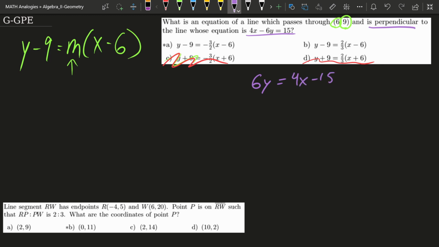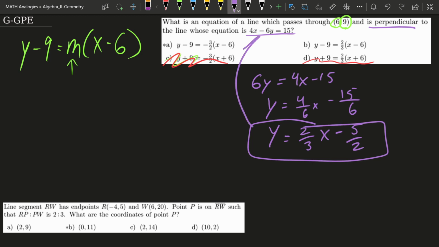So you could write that out in more steps. Otherwise, y equals 4 divided by 6 x minus 15 divided by 6, dividing both sides by that 6. In other words, y is equal to 2/3 x minus, they both have 3 in common, we'll say 5/2.